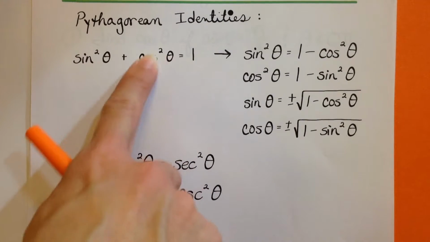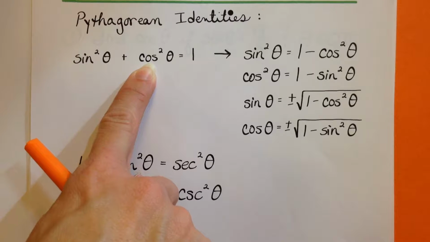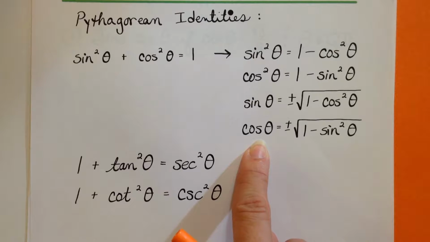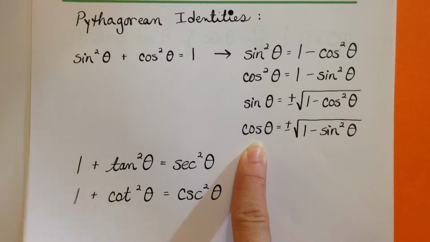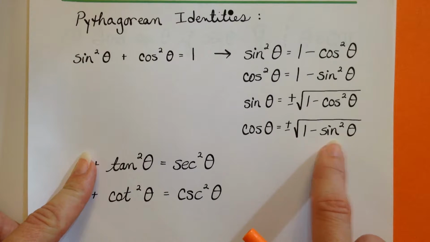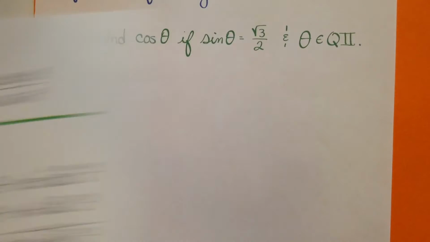Of course you'd have to do some work to get cosine by itself, or you could just go directly to this one that already has cosine on one side by itself, and that'll save you a little bit of work. But you are given sine, so you're allowed to now take that value and substitute it in.